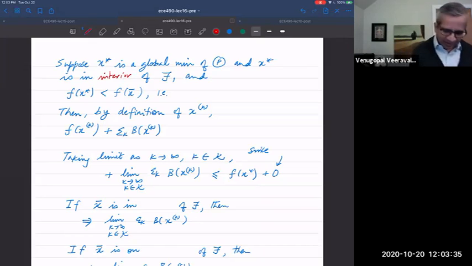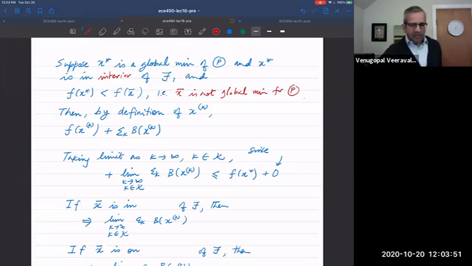So we are saying that x bar is not a global minimum, and then we'll prove that this can't be the case by establishing a contradiction. So it must be a global minimum. So x bar is not a global minimum means that f of x star is strictly less than f of x bar.